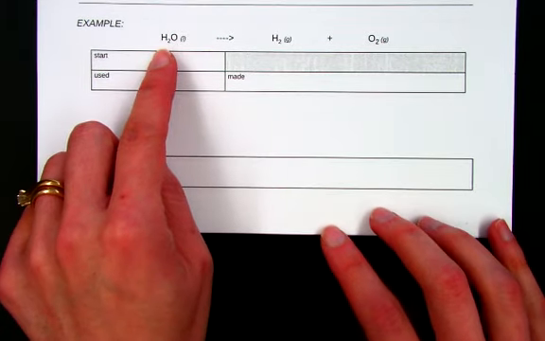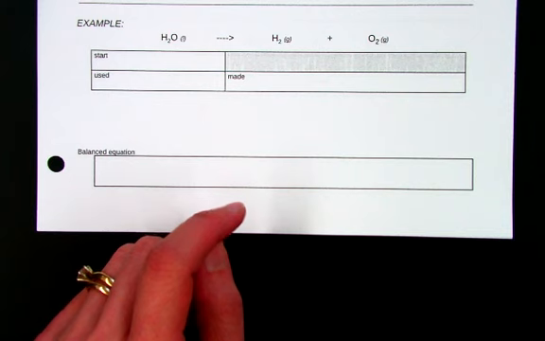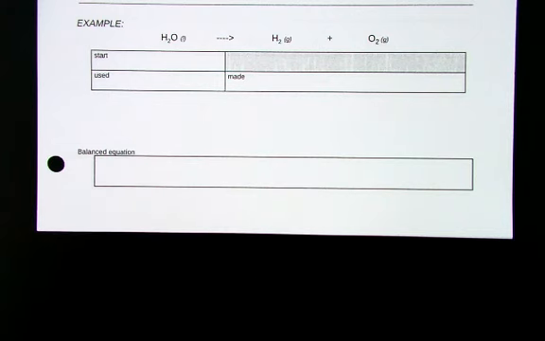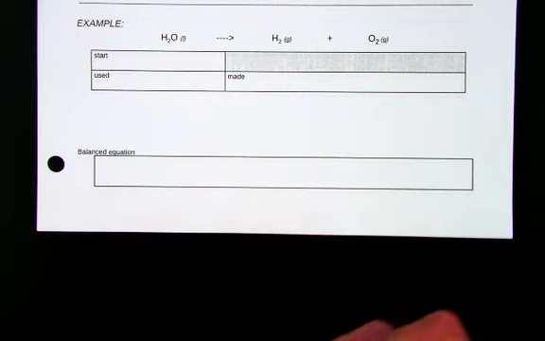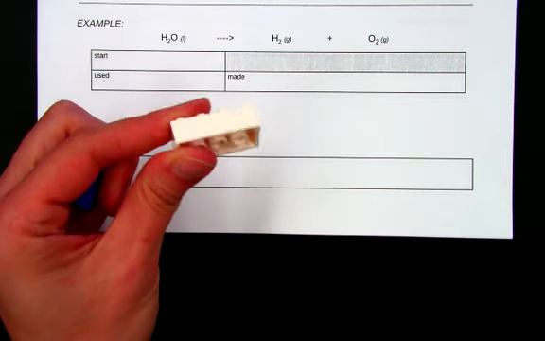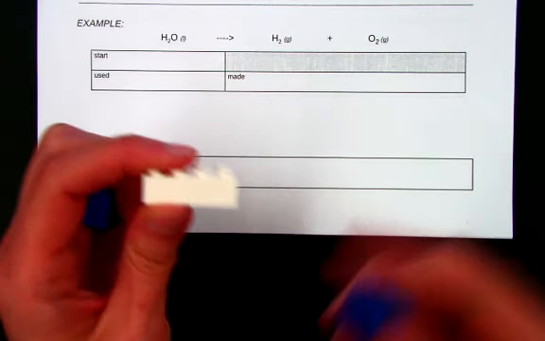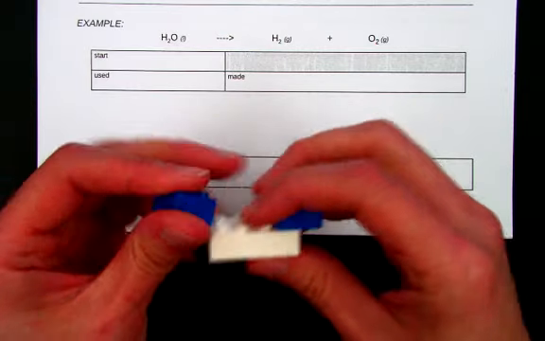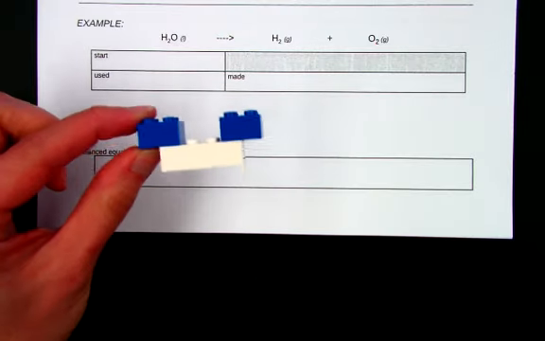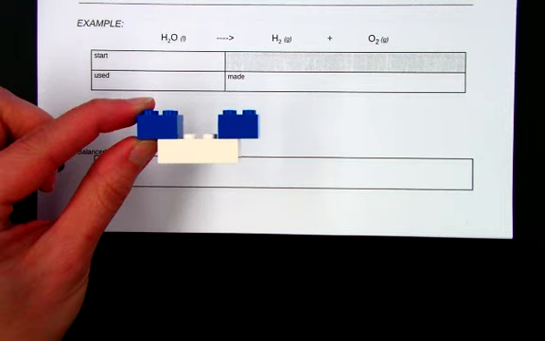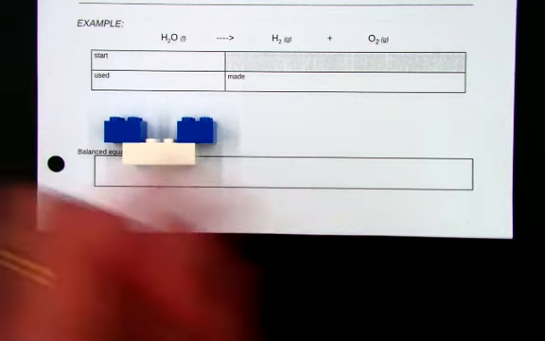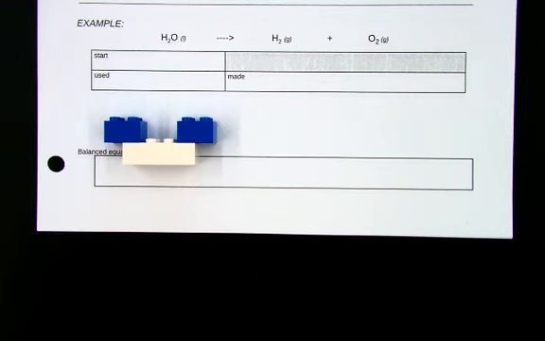Since this is water, it has 2 hydrogens and 1 oxygen. So I'm going to have blue squares represent hydrogen and white blocks, rectangles, represent the oxygen. So I need 2 blue squares, remember this from before, to make 1 water molecule. Now it says I need to make 5 of these, so here I go.